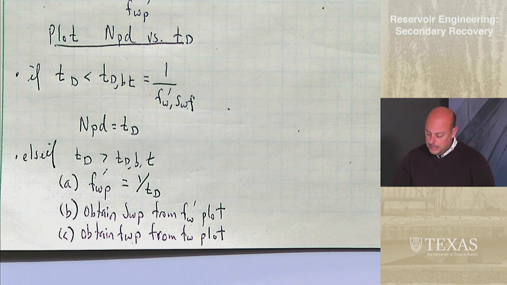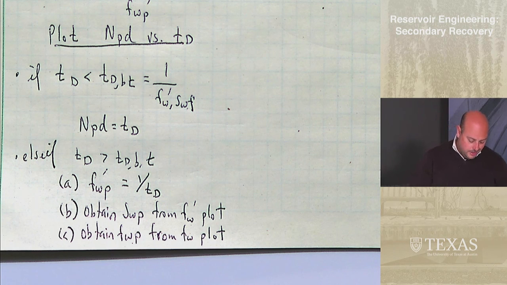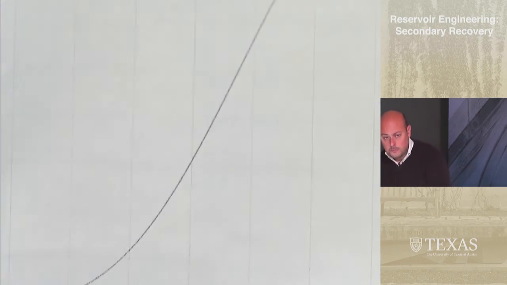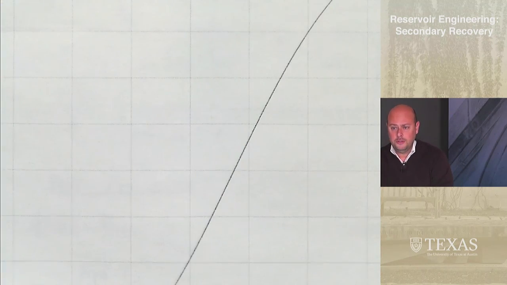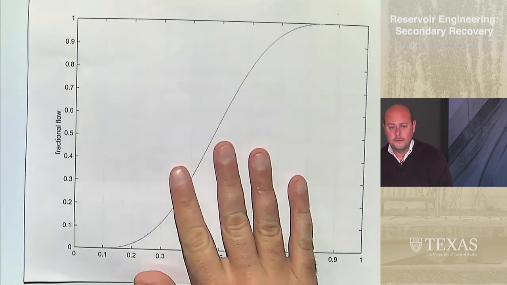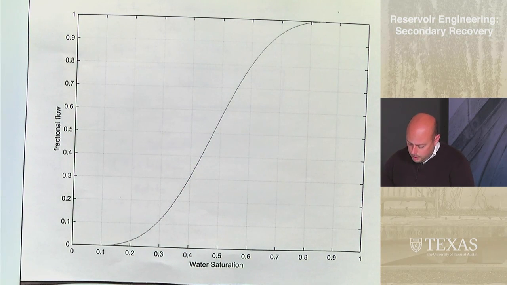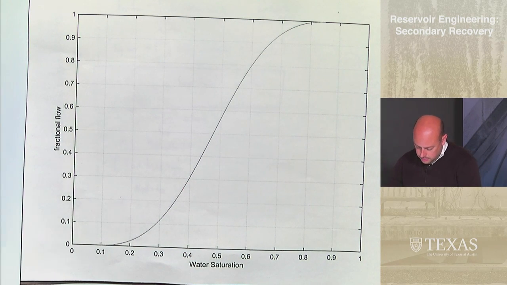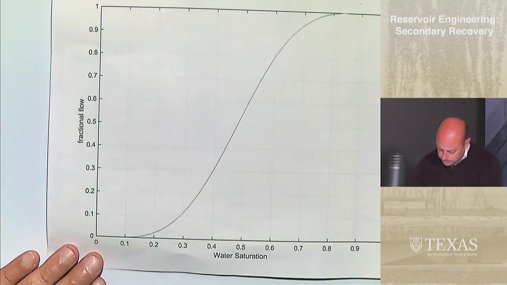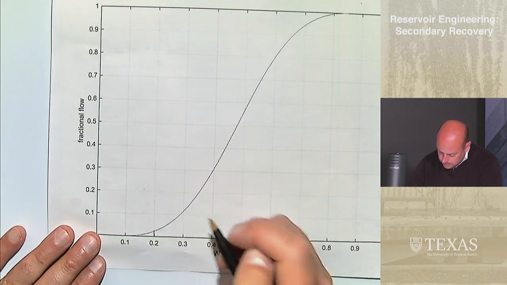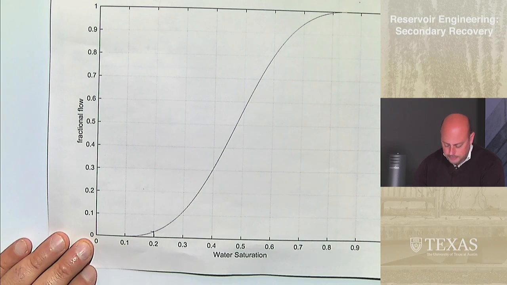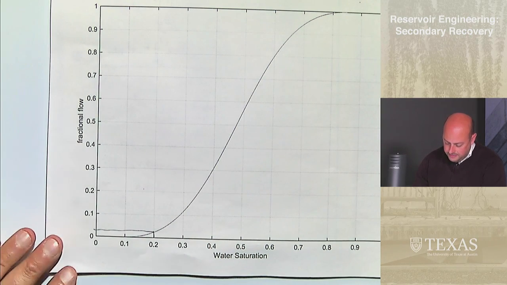I use it in the plot to get the water saturation at the production well. Now I can go to my fractional flow curve, which I know looks like this. And since I know my water saturation, I think I just said it was 0.2 a second ago, then, as an example, I come over here and I calculate my fractional flow, my FWP.